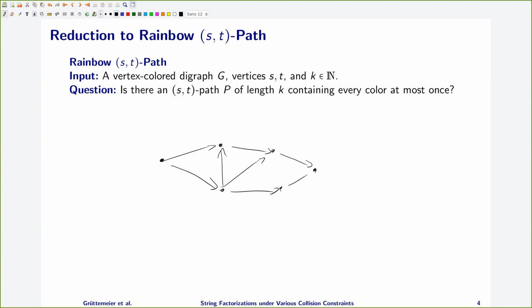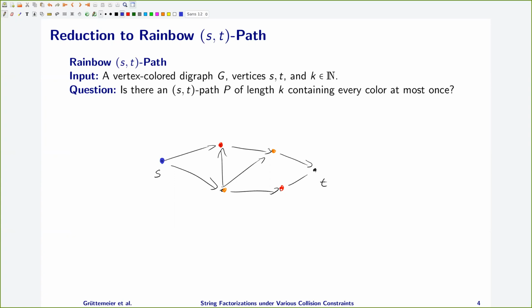And you have two special vertices, S and T. And the vertices have colors. And you want to know whether there's a simple path from S to T such that all the colors are different.